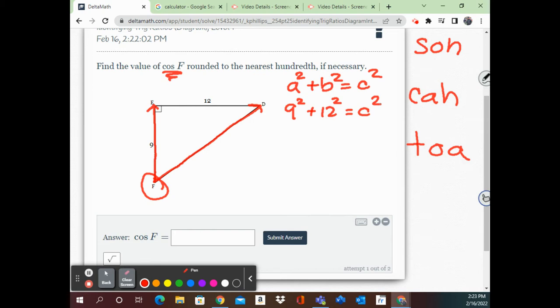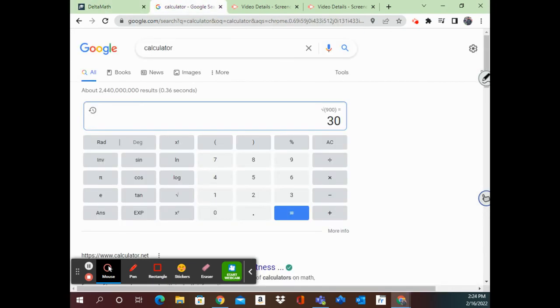Well, I know 9 squared is 81, 12 squared is 144, so I could use a calculator to type that in, but off the top of my head, I know those are the answers, right? And so when I add them together, I'm going to have 81 plus 144. That's going to give me 225.